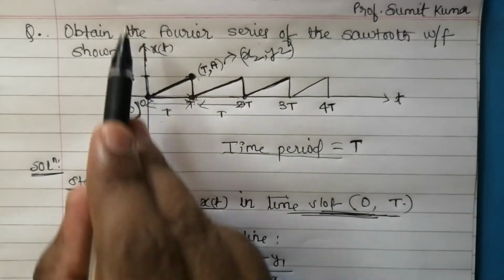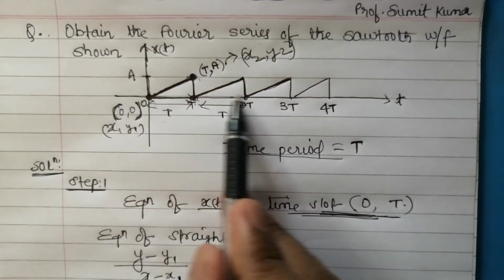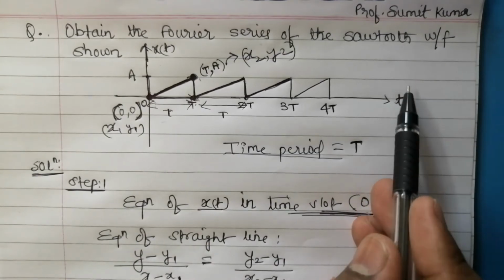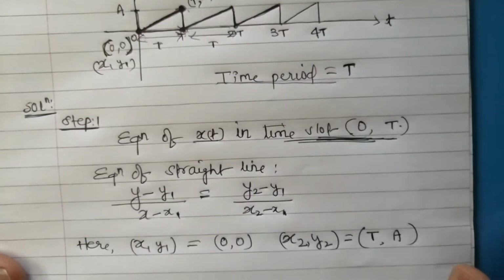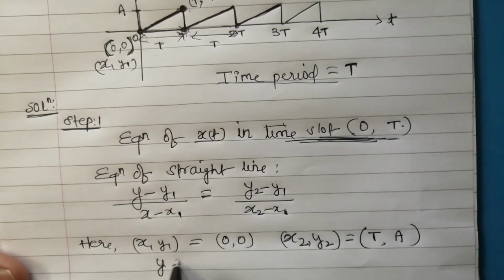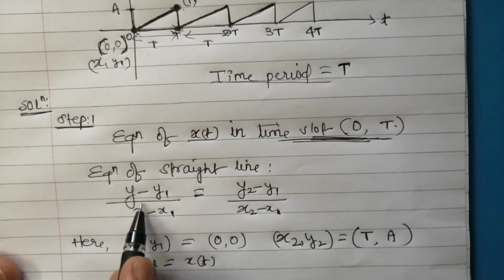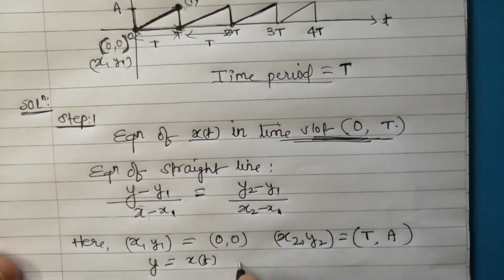One more thing here: on the y-axis what is mentioned? x of t. And on the x-axis, it is time. So for this y variable, we will replace it with x of t, and this x will be replaced by t.